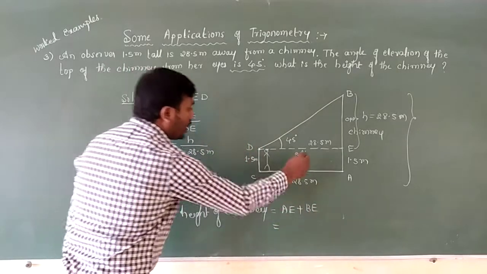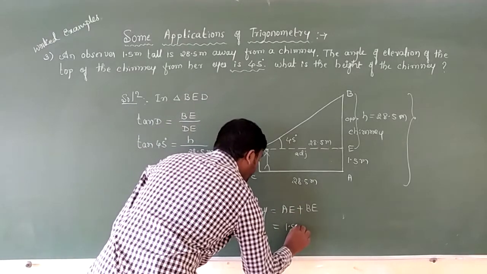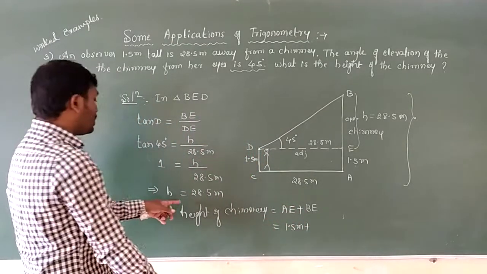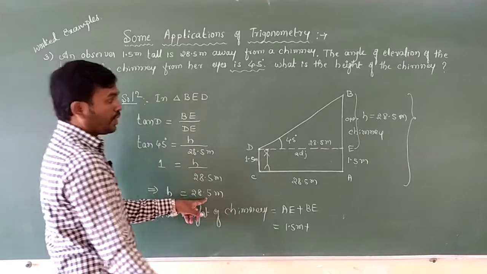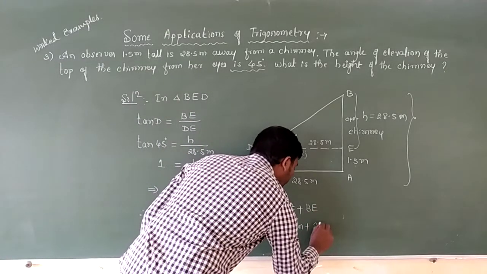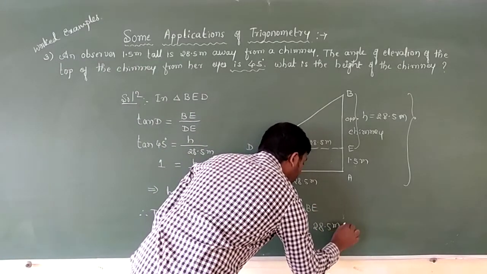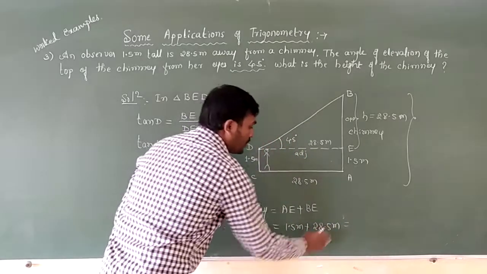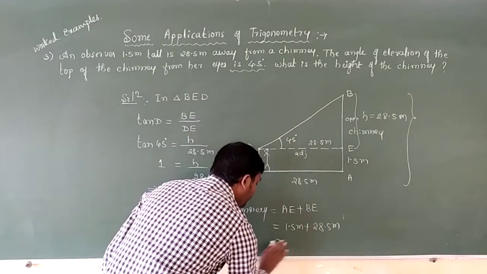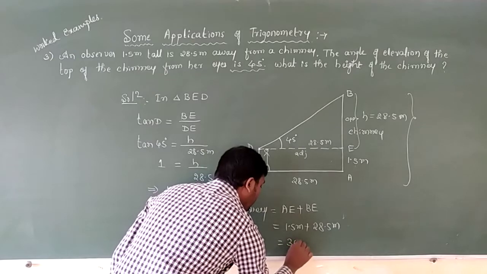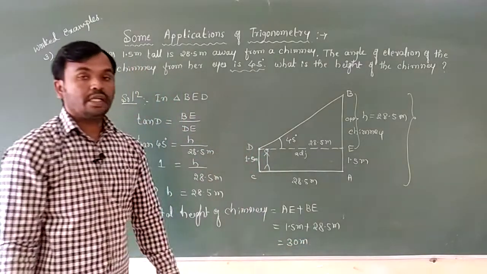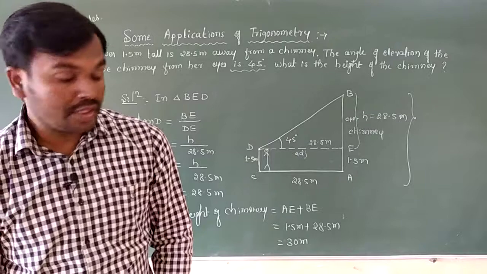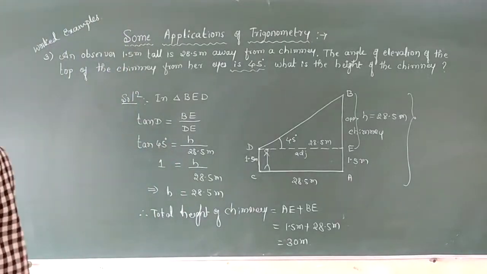Here AE is 1.5 meter plus BE is 28.5 meter. So the sum of these two is what, children? 30 meter. So the height of the chimney is 30 meter, children.